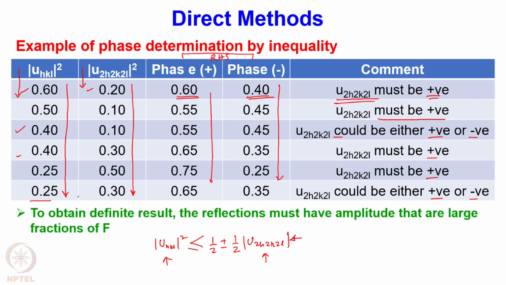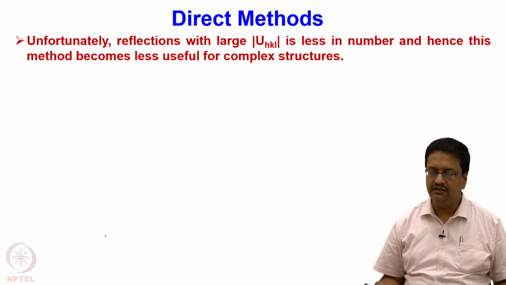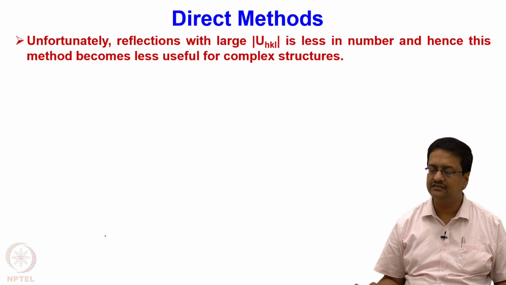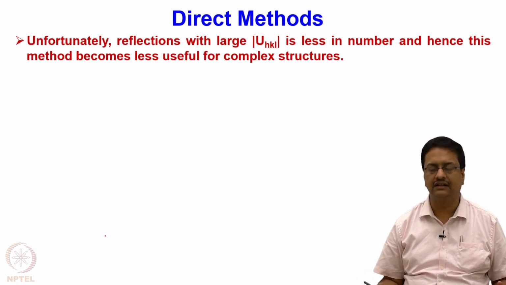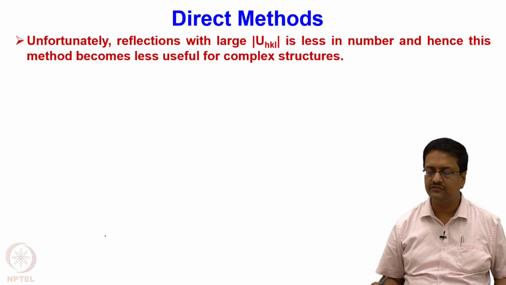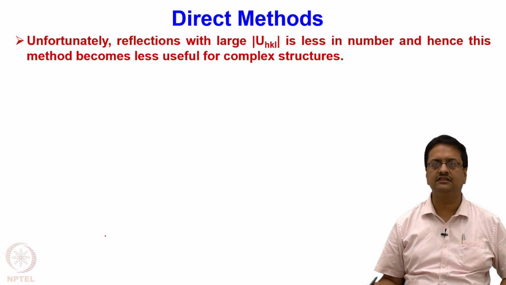So this indicates that there are possibilities of phases of different reflections related to one given reflection U_HKL. To obtain a definite result, the reflections must have amplitudes that are large fractions of F. So the larger the value of U_HKL, the easier it becomes to assign the correct phase of those reflections. But unfortunately, reflections with large U_HKL are less in number in general for all data sets, and hence this method becomes less useful for complex structures with a large number of atoms.